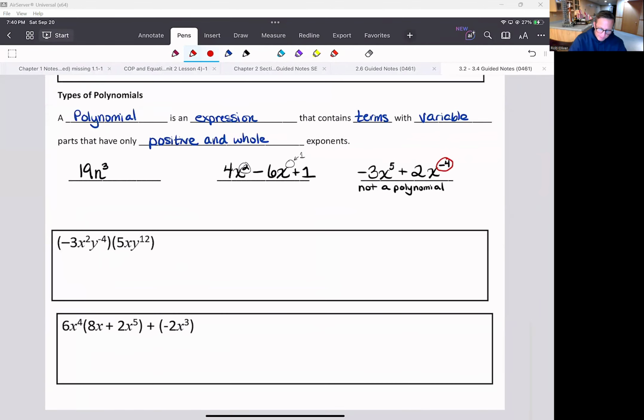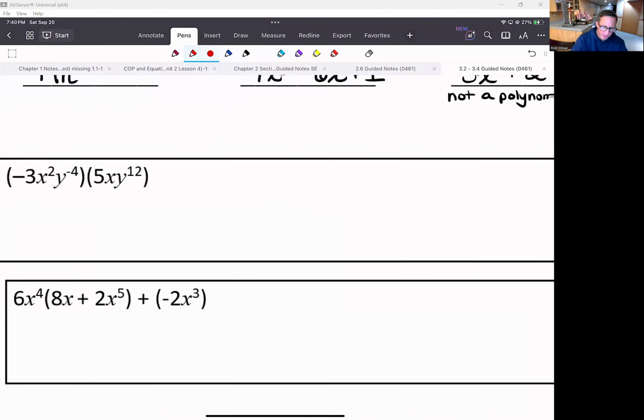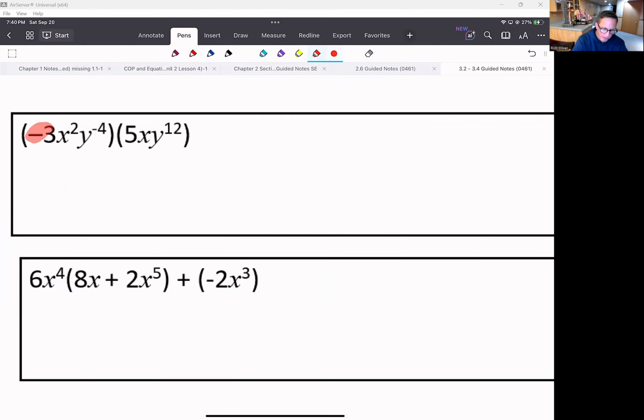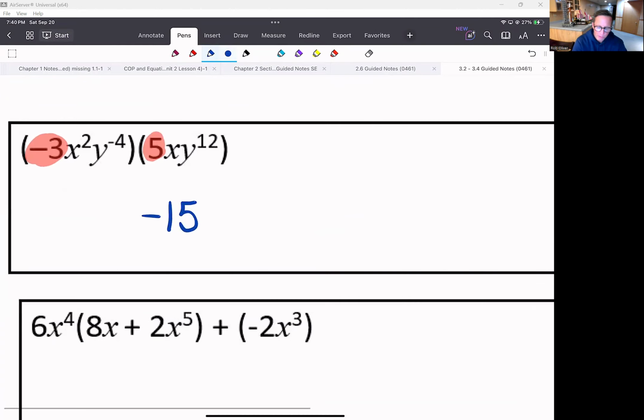All right, so we got some more examples here. This is just a little bit further than what we did earlier. You multiply the coefficients. You got negative 3 times 5, which is negative 15. And then concentrate on those like bases. So you got x squared and we have x to the 1st, right? So add those up.